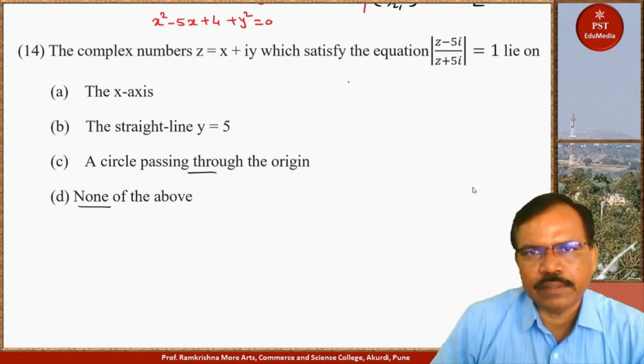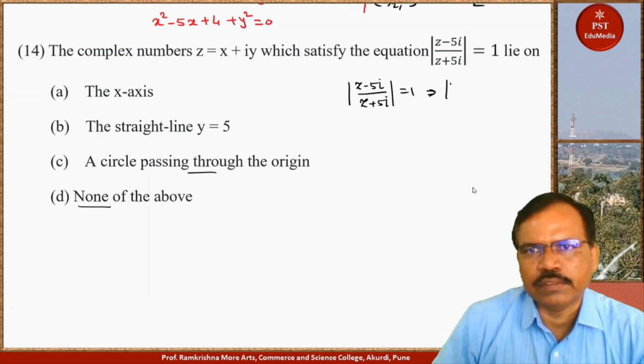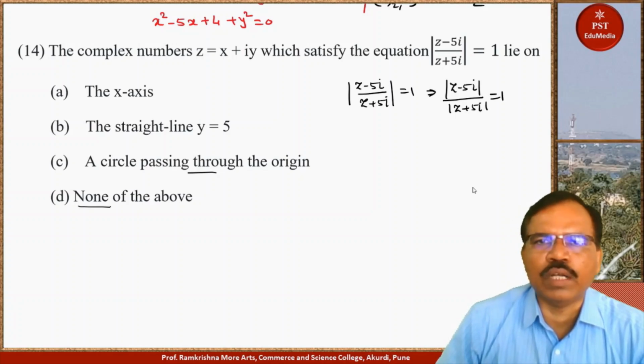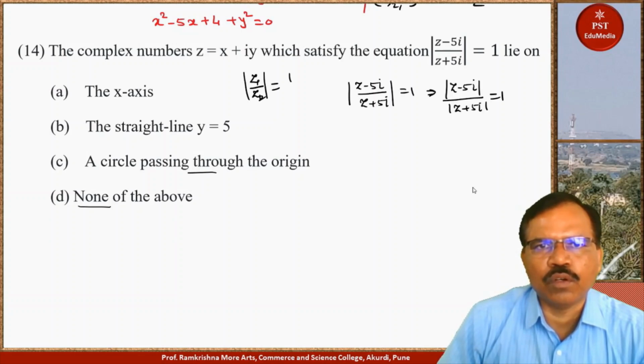Now z minus 5i upon z plus 5i is equal to 1. So I can write this as modulus of z minus 5i divided by modulus of z plus 5i, and this is equal to 1, because modulus of z1 upon z2 is equal to modulus of z1 upon modulus of z2.